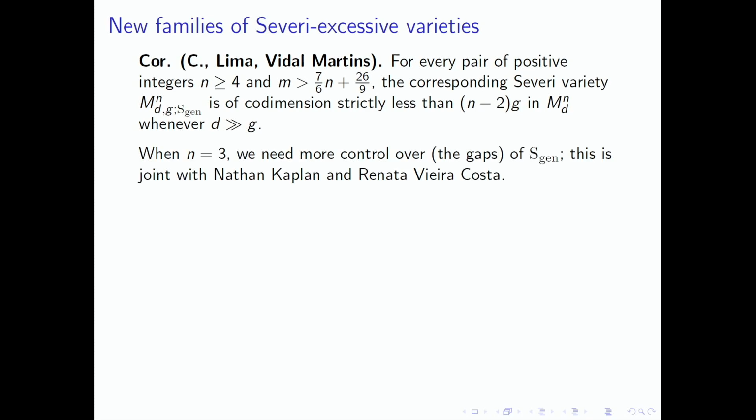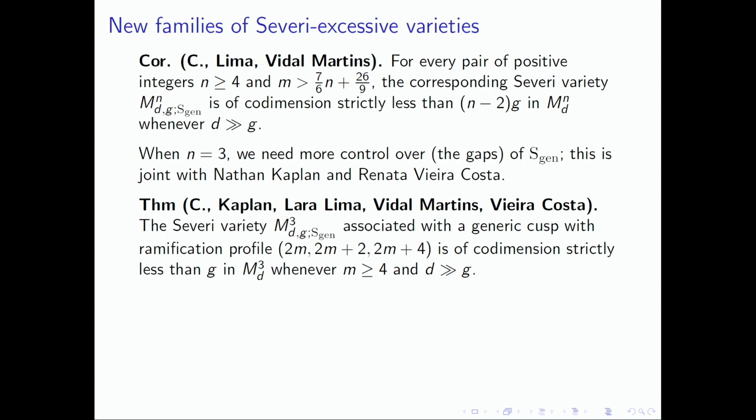And then we have to work a bit harder. We could also do this in the n equals 3 case more recently. And in fact, we can show that the Severi variety associated with a generic cusp with ramification profile any 3-tuple of consecutive even numbers is almost always of codimension strictly less than g.